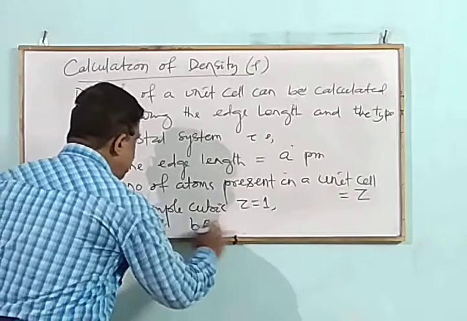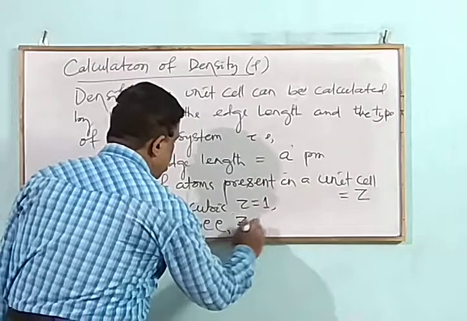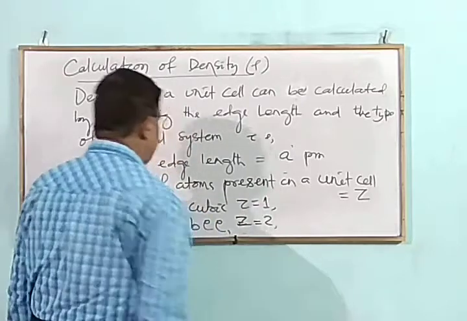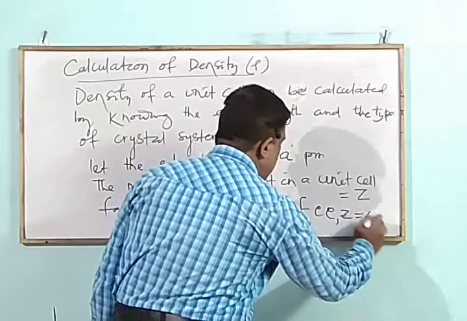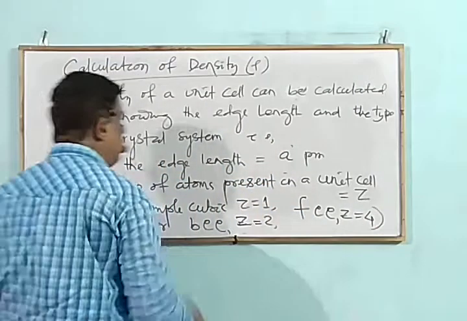For body centered cubic Z is equal to 2. And for face centered cubic Z is equal to 4. We have to remember this value.